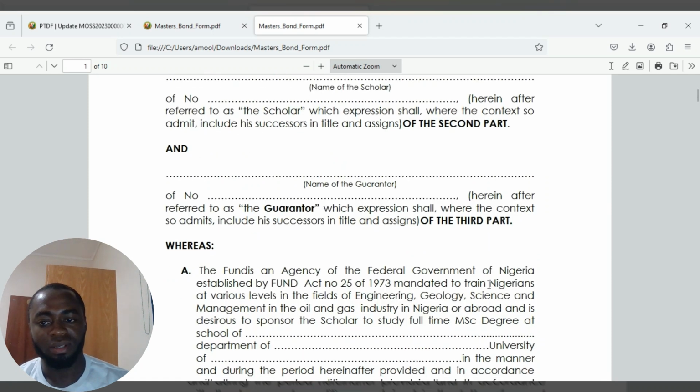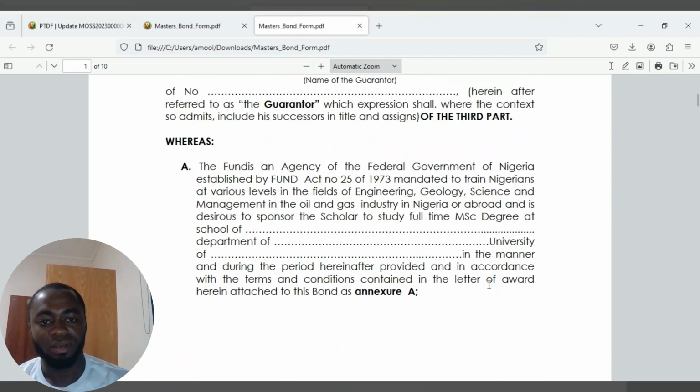If you're done with that, you come down here, and this is for you, the scholar, to fill the name of your school, the department. This is the name of the school there, and then here you have the department. Remember, when they say school, it doesn't mean the name of the parent institution. Most of the academic institutions have schools.